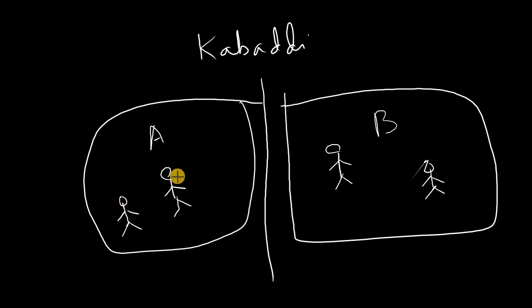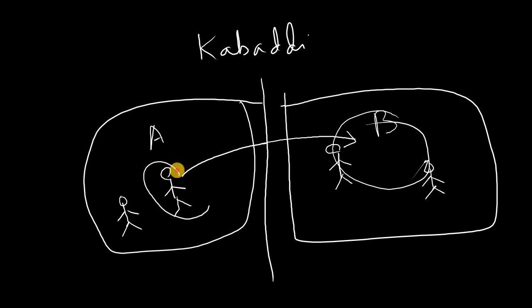And during the game, each participant has to cross this line and move over to the other side and touch as many people as possible. While doing that, there is a very important thing to notice, which is that this player who is moving from one side to another side, his behavior changes.